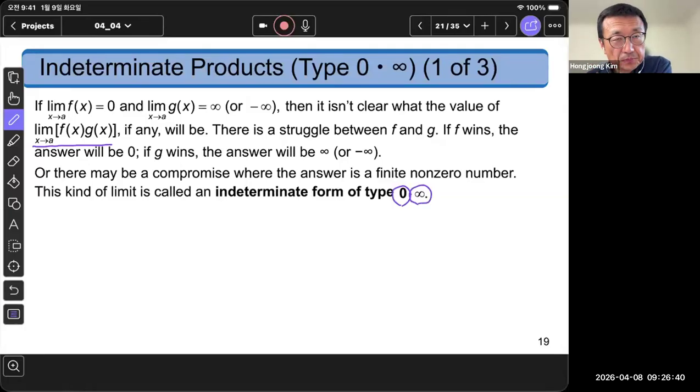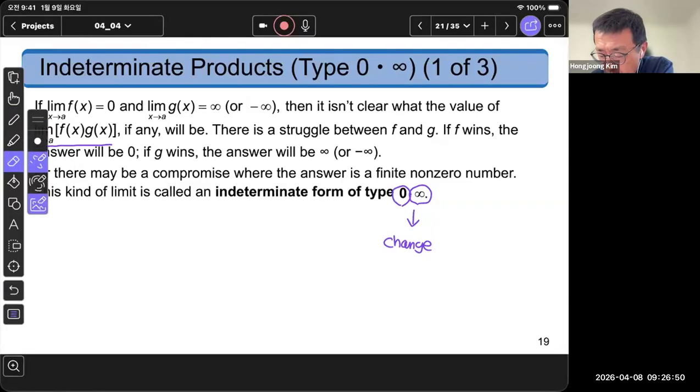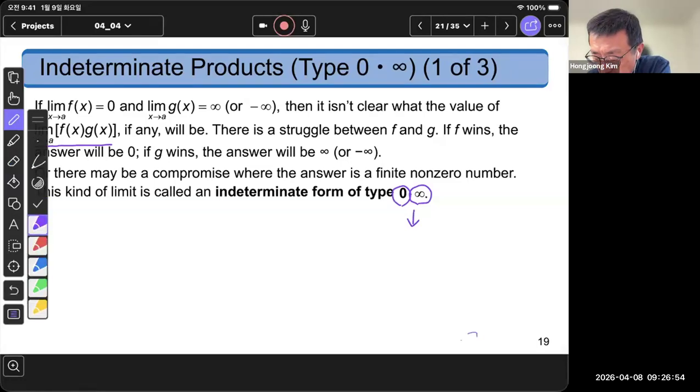In that case, I mean, you need to change the expression. So you need to convert f of x times g of x to f of x over 1 over g of x.